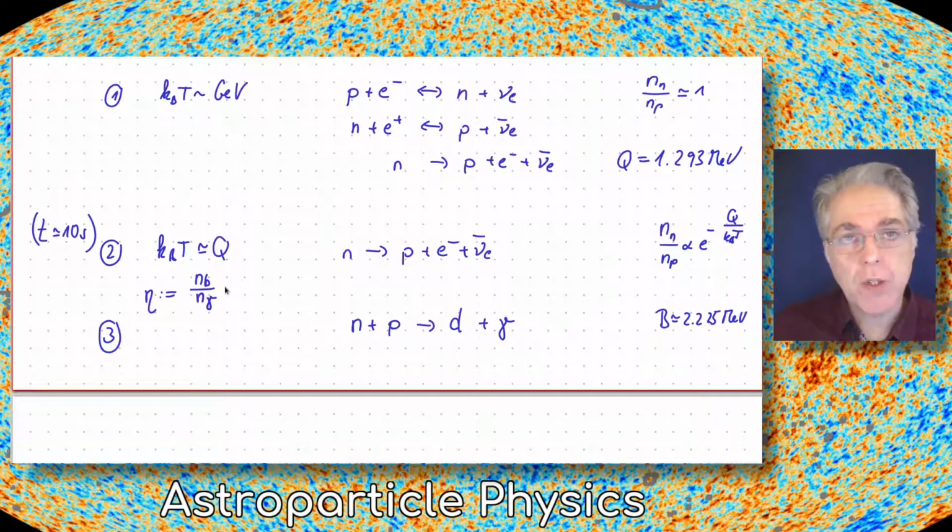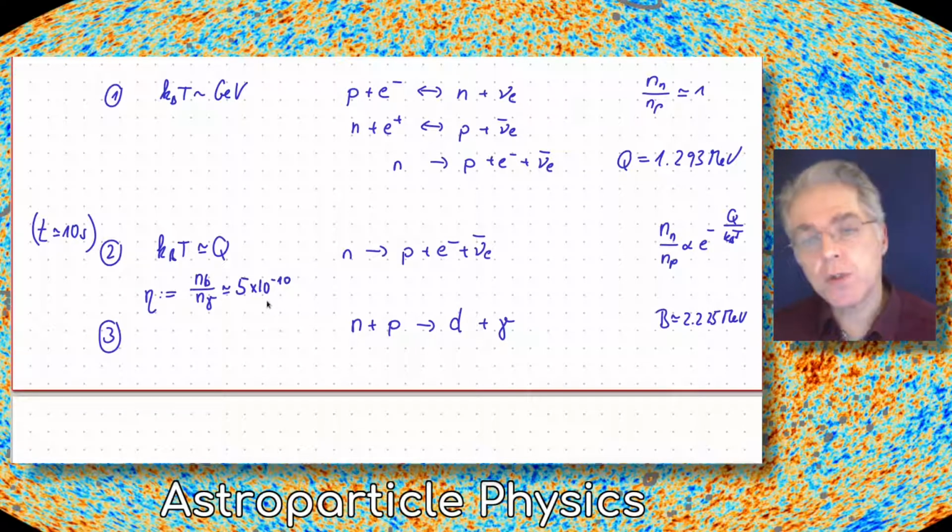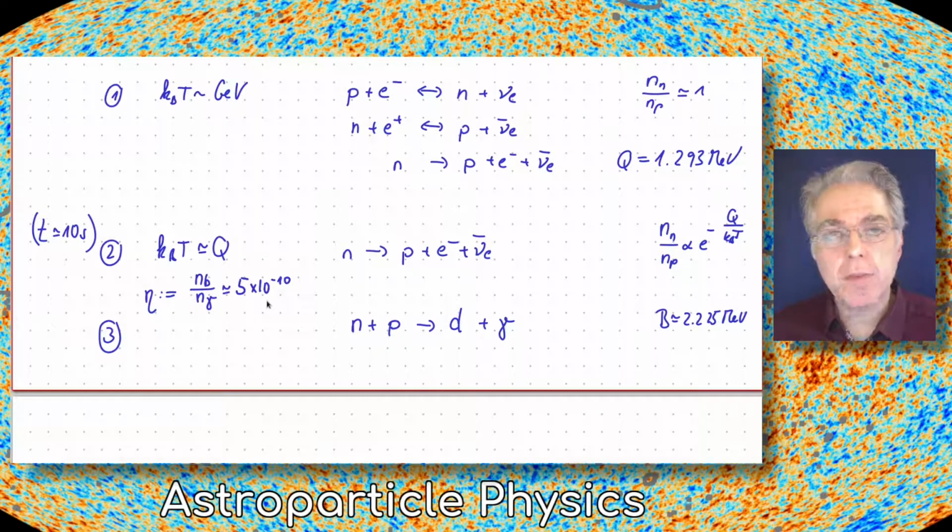And that value, as it turns out, is of the order of 5 times 10 to the minus 10. So there are about 2 billion times more photons around than baryons. For each baryon you have several billion photons.